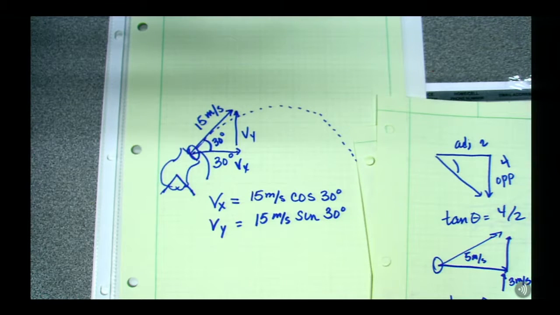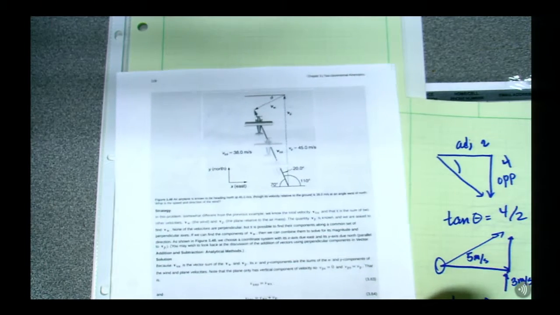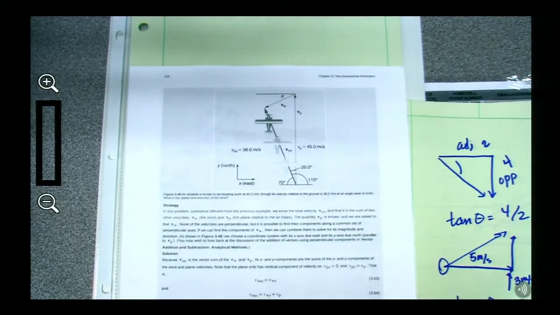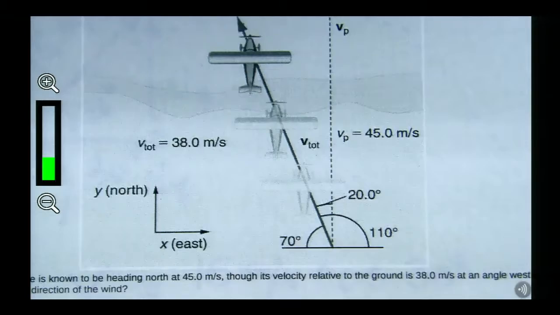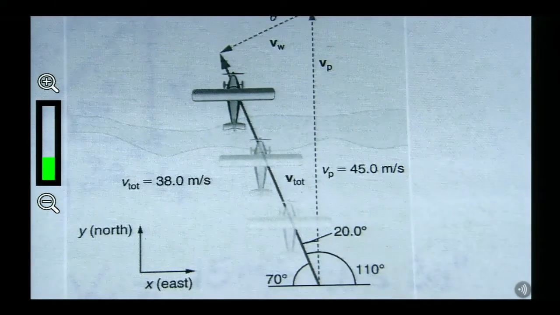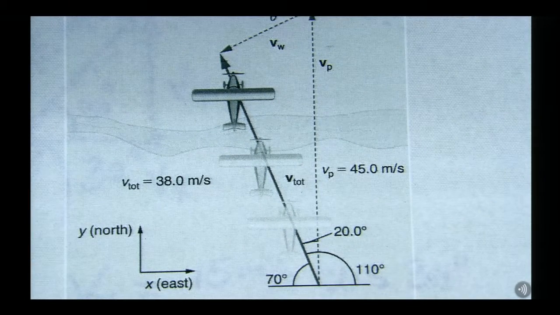If I go here to the OpenStax and scroll in, it gives you slightly different pictures and examples, and it develops the equations a little differently. This may make more sense to you. For some of you, the way this author does it may make more sense than the way our author does it. But it's the same types of things that we're doing.